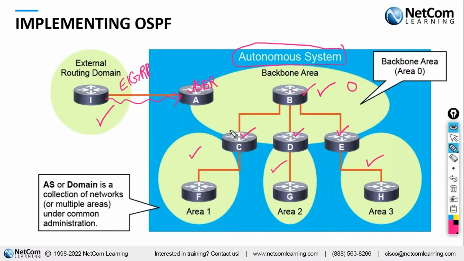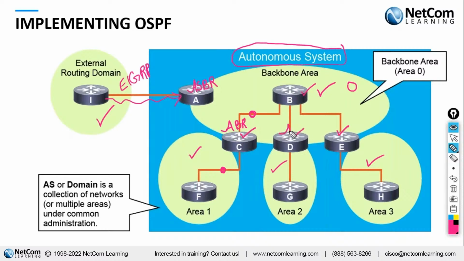And here we have another router, and this router has one interface in area 1, and the other interface in area 0. So this router has 2 interfaces, one in the backbone area, the other in area 1. So this router is an ABR, area border router. Most of the time, whenever we configure an area border router, we do route summarization here also.